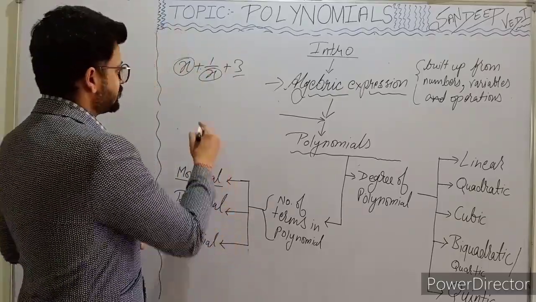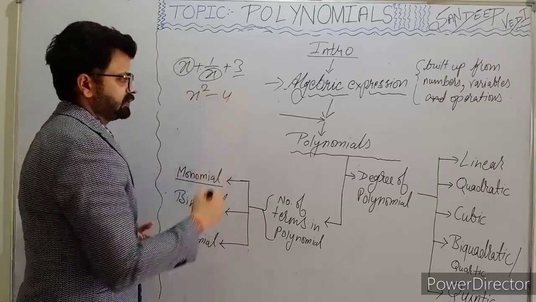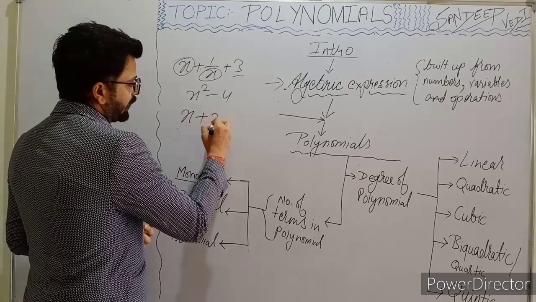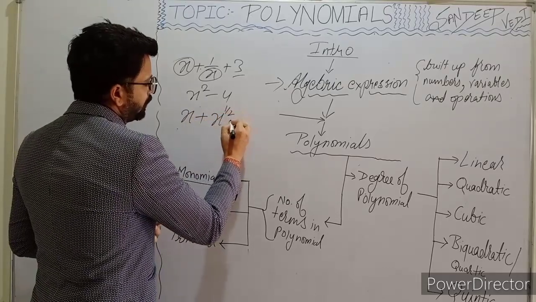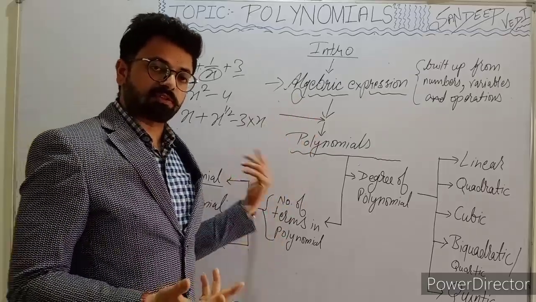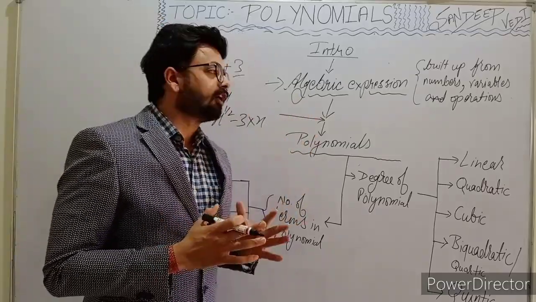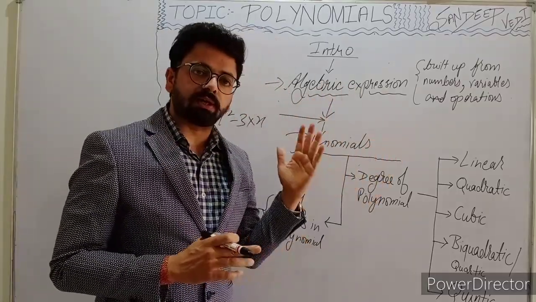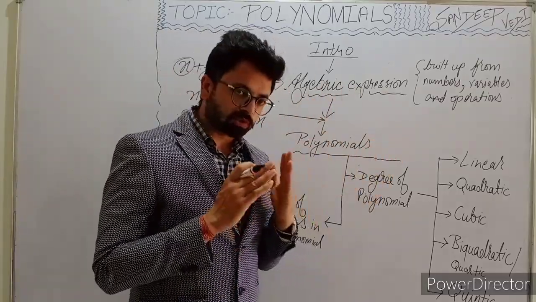In my mind, another thing is coming, x square minus 4. This is also an algebraic expression. Another thing, x plus x raised to power 1 upon 2 minus 3 into x. It means this is also an algebraic expression. So finally we reach a stage where we know what algebraic expressions are.